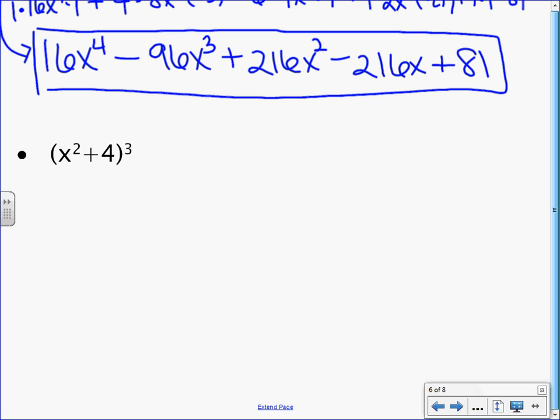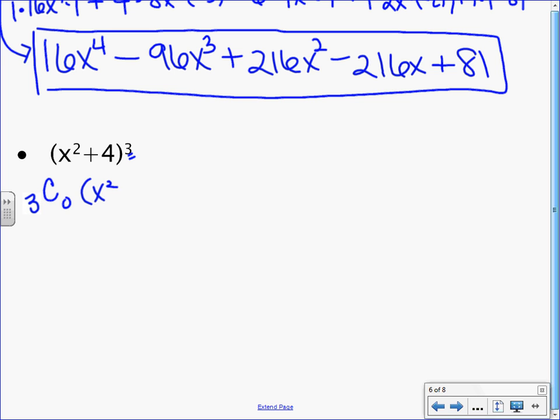Okay, so now our first term is just x squared. Our second term is a positive 4. So 3 is our n, so we start with 3 combinations of 0.